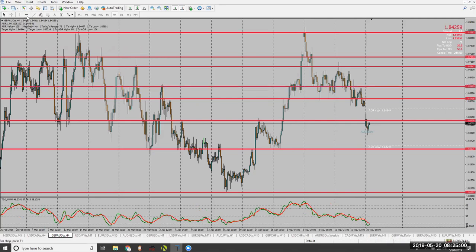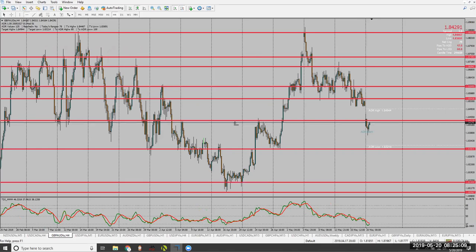If you want, you can change these colors as you move into these lower time frames, just so you are able to know the difference between your higher and your lower time frames. Now we're done with the 4-hour time frame.